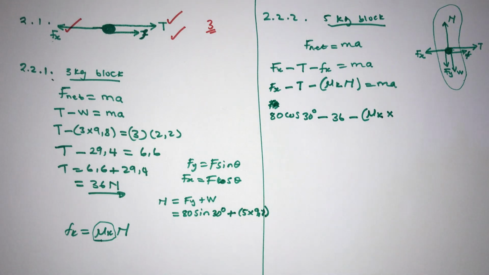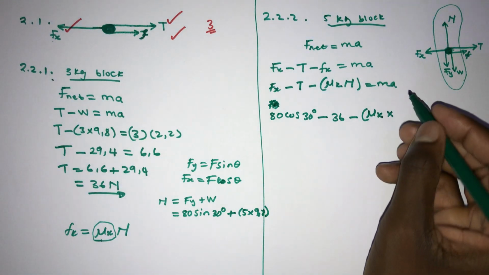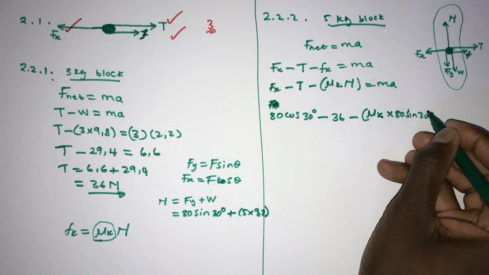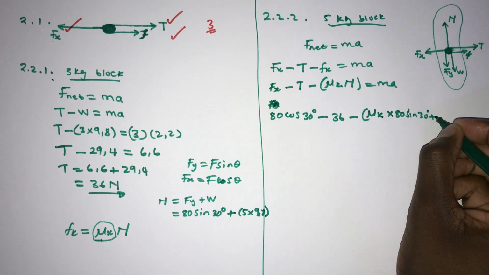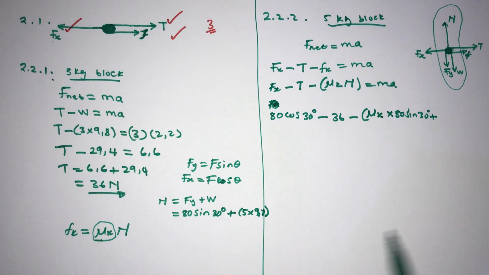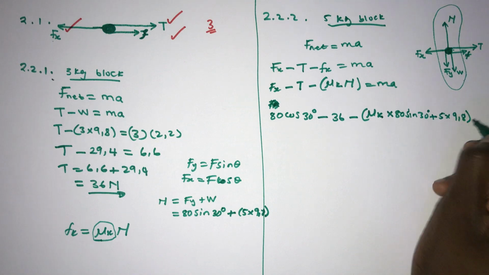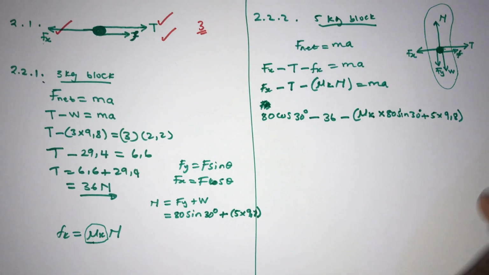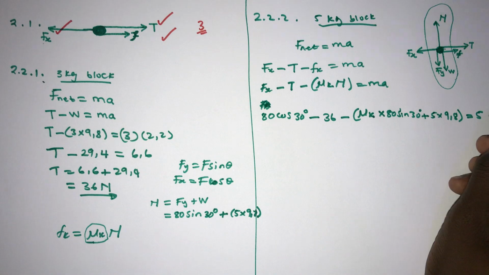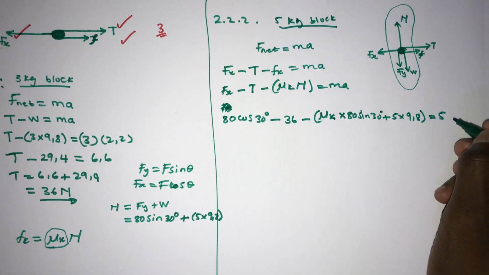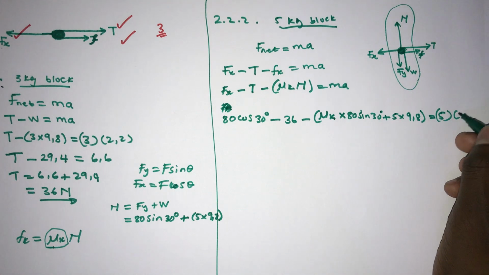Okay, we can also use the bracket, no problem. So now we have 80 sine 30 plus 5 times 9.8, then we close the bracket, then it's equal to 5 times the acceleration, which is 2.2.